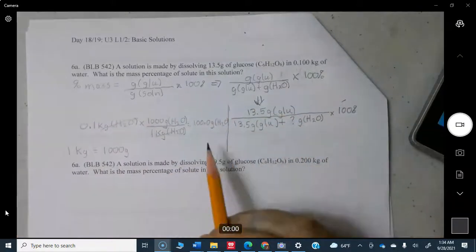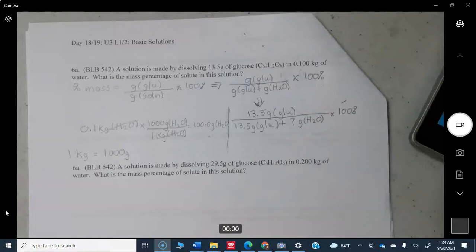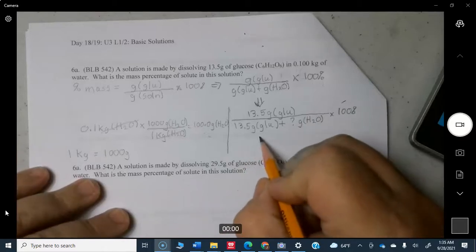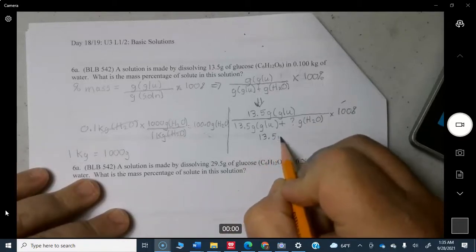So that's how many grams of water we have. So we can now simply make that substitution there.